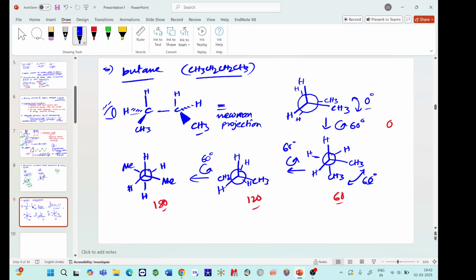If you rotate it one more time, then the methyl will go here. It will be similar to this. It will go to this one if you rotate it one more time by 60 degrees. So this will be your 240 degrees also. If you rotate it one more time from here, then it will go to here.